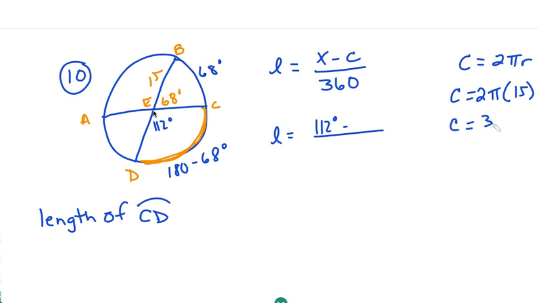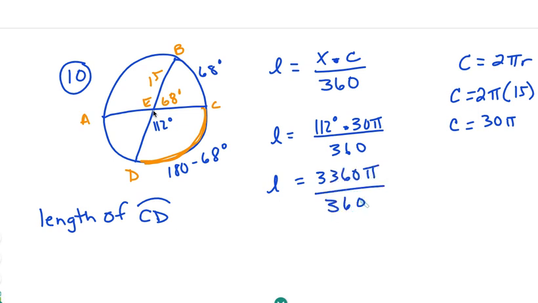So the circumference is going to equal 30 pi. We need to make this a times up here, sorry. And then this is going to be 360. So we have L is equal to, when we put 112 and 30 into the calculator, we get 3360 pi divided by 360. And we're going to get L is equal to 29.32 centimeters if we round to the nearest hundredth.